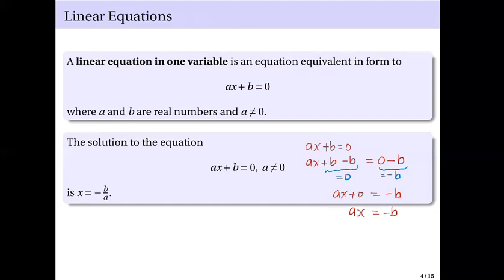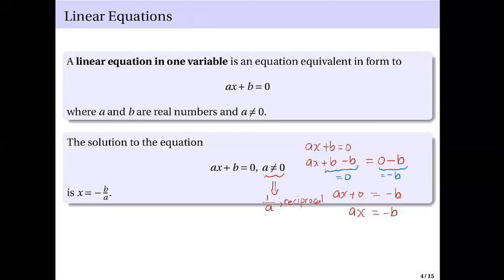Now since a is not equal to 0, we will have 1 over a. So a not equal to 0 means that we have 1 over a, correct? This is the reciprocal of the number a.